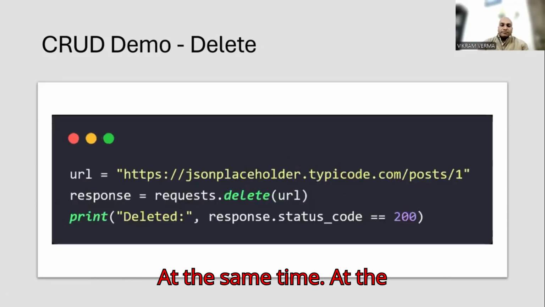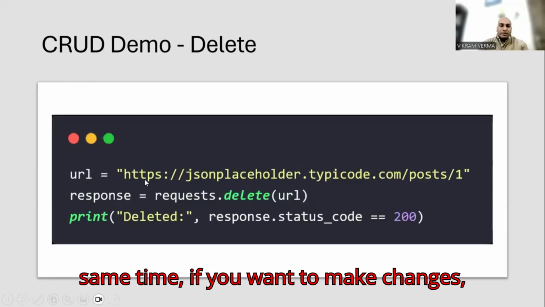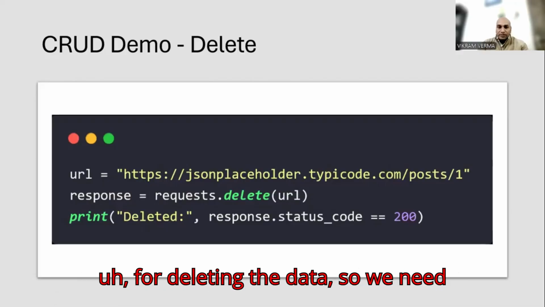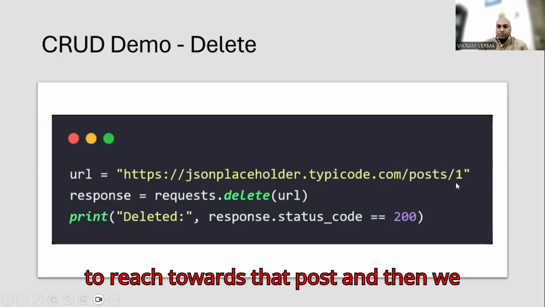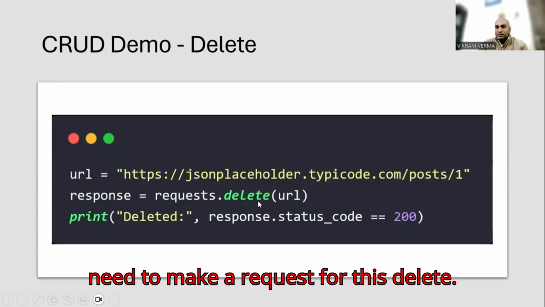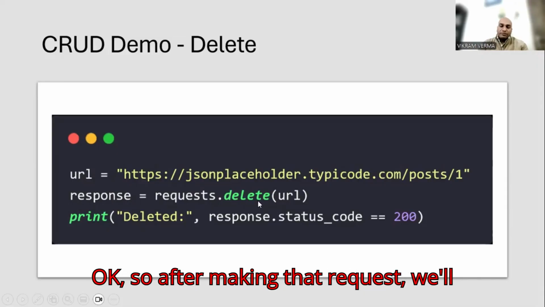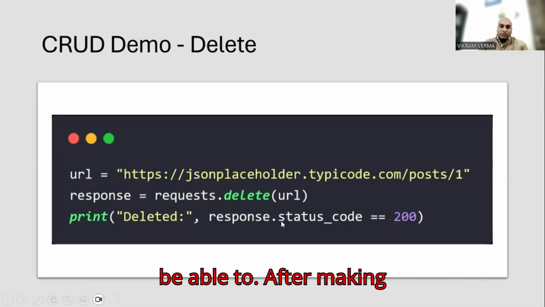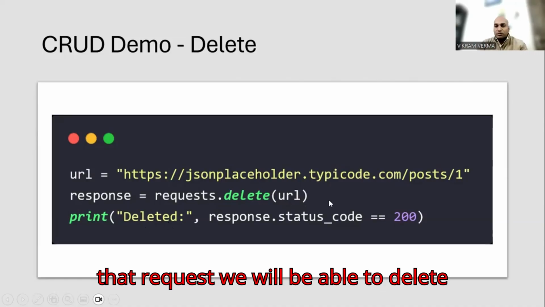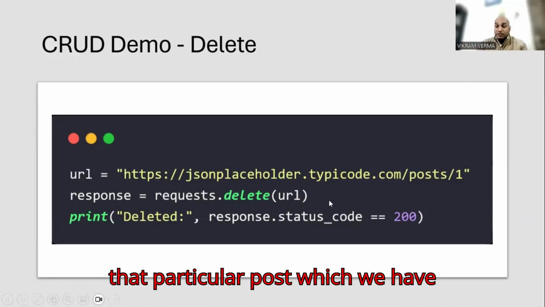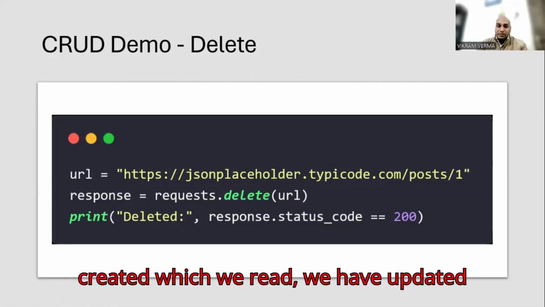At the same time, if you want to make changes for deleting the data, we need to reach that post and then make a request called delete. After making that request, we'll be able to delete that particular post, which we have created, read, updated, and now we are deleting.